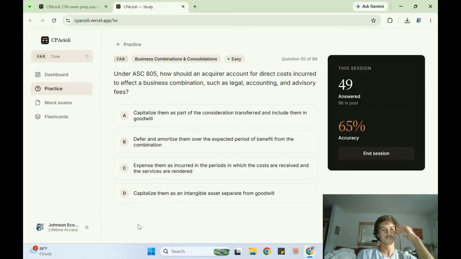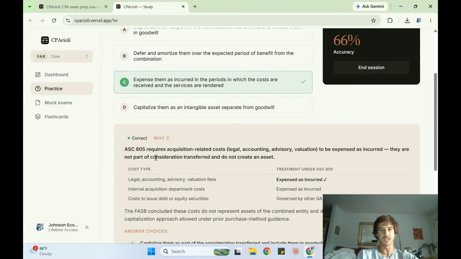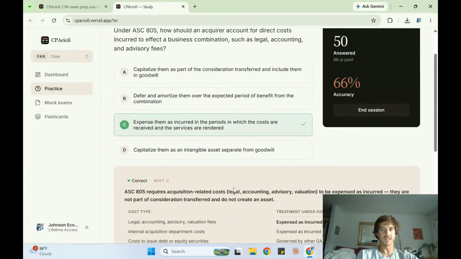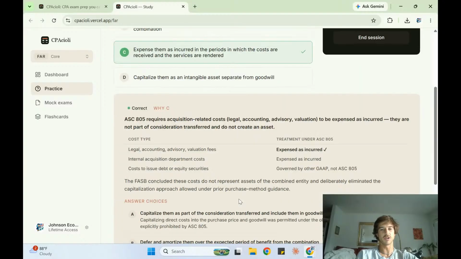So it's not B. I'm going to go expense. Let's see. Because the direct cost part sounds like it would be capitalized, but let's read it. My gut told me expense, because legal, accounting, and advisory fees are usually expense, but direct costs kind of confuse me.